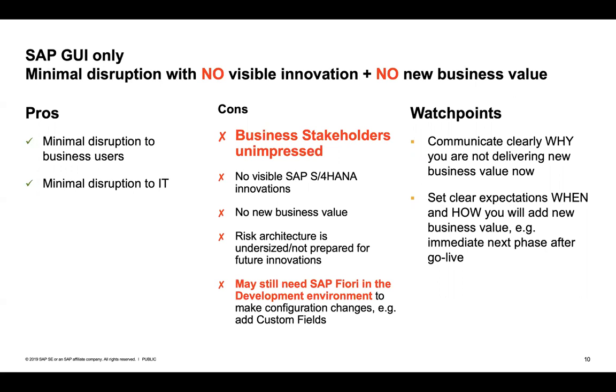We said, come on, you've got to do some Fiori, you've got to show some value. And they said, yeah, we're going to do it. No, and we don't have time anymore. And then they got to the end and said, yeah, we've gone live. The IT team is patting themselves on the back. But our business are saying, well, where's the new value? And we're saying, well, remember that conversation we had about Fiori? That's what this is about.